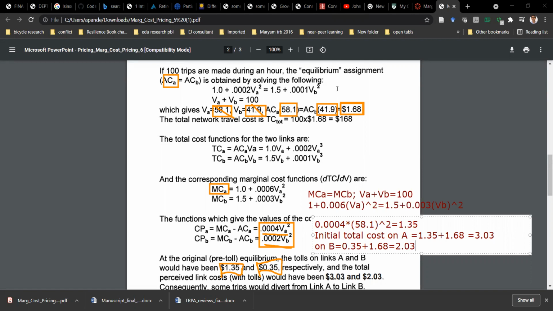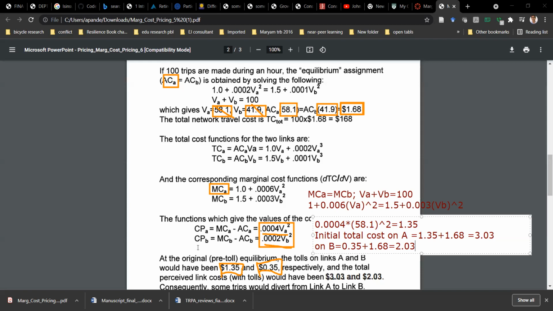Drivers will keep switching until there are more drivers on route B. Until what happens though? Until the perceived cost, the toll amount plus the travel time cost, on both routes become equal. And what is that? That is nothing but the marginal cost, right? That's how we figured out our toll. So we would like our perceived cost to be equal to marginal cost. And that's why we came up with these expressions for congestion price on route A and congestion price on route B.